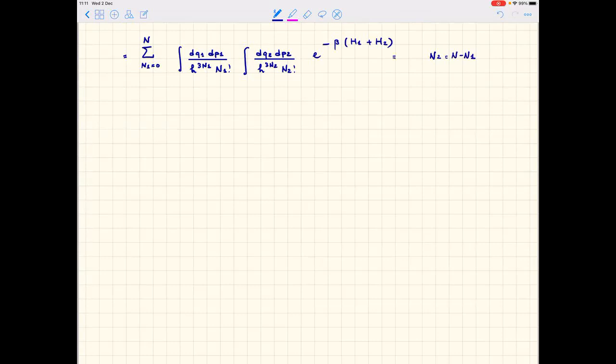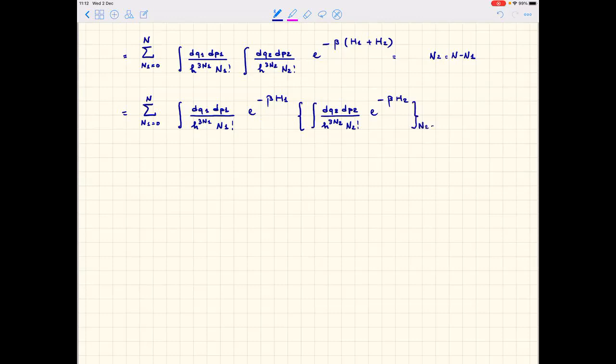And now I can rewrite this as follows. This is equal to the sum over N1 from 0 to N of the integral dq1 dp1 divided by h to the 3N1 N1 factorial e to the minus beta H1 times the integral dq2 dp2 over h to the 3N2 N2 factorial e to the minus beta H2, with the understanding that N2 is equal to N minus N1.